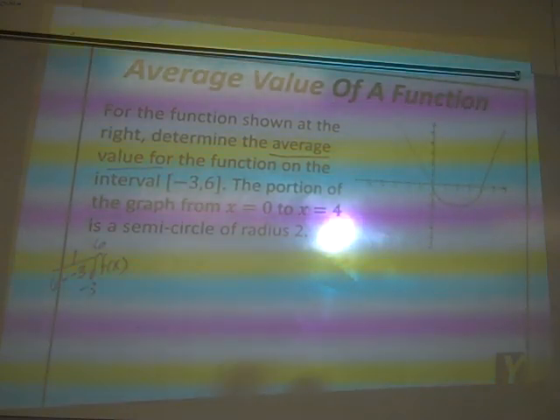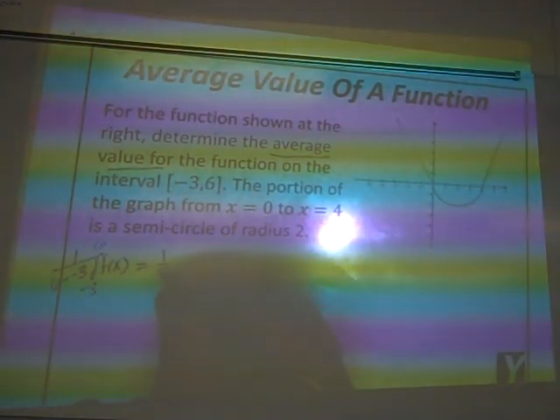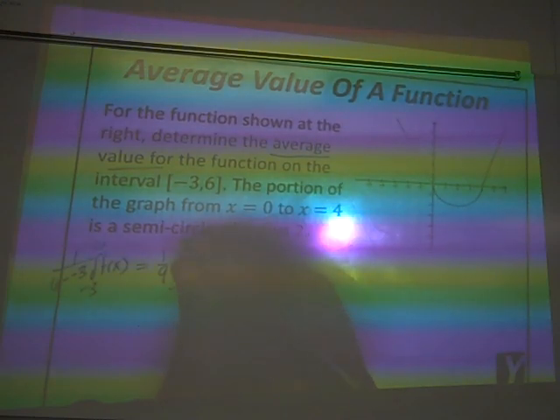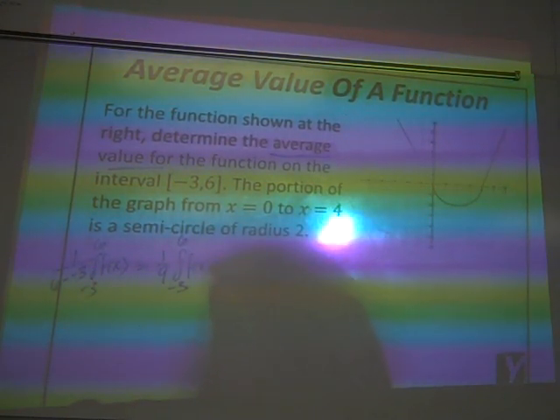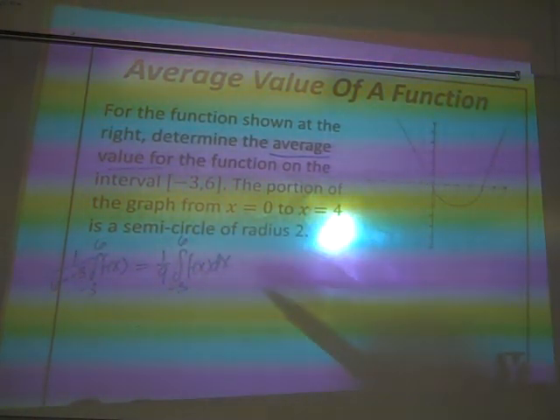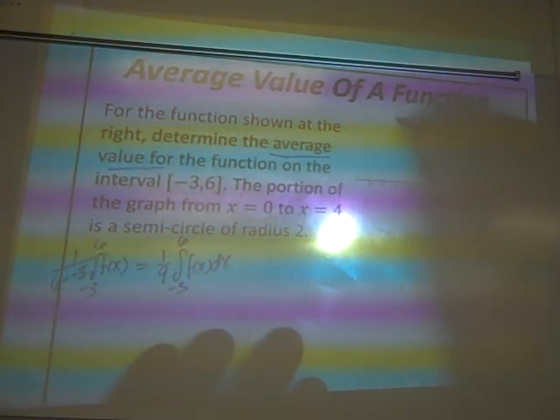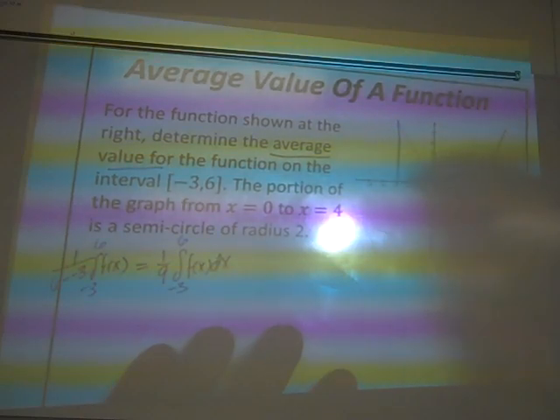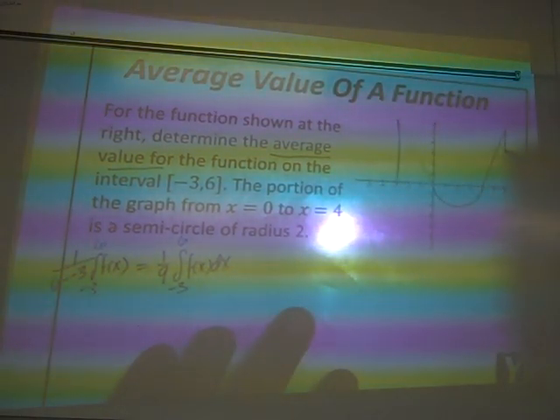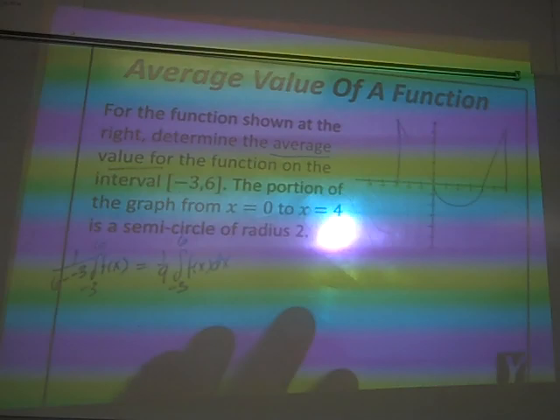Now, where do we go from here? I can simplify this to 1/9 times the integral from -3 to 6 of f of x dx. So I need the definite integral from -3 to 6. If I go over to the graph, what that means is I want to find the total area bounded between -3 and 6.